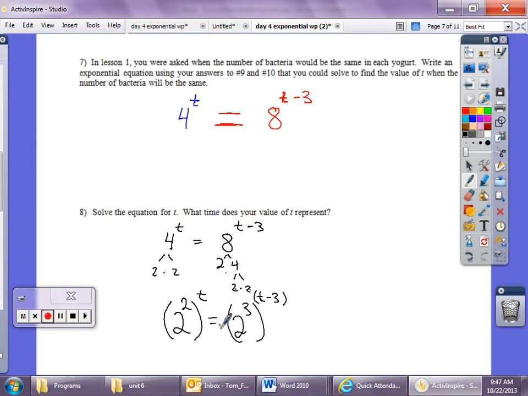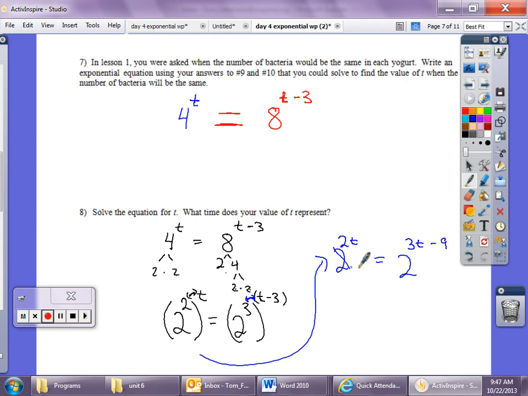Now, using the laws of exponents, we can multiply these exponents. I'll write this over here in blue. So 2 times t, so this becomes 2 to the 2t power. Now we multiply these values here. So this is going to be 2 to the 3t minus 9.